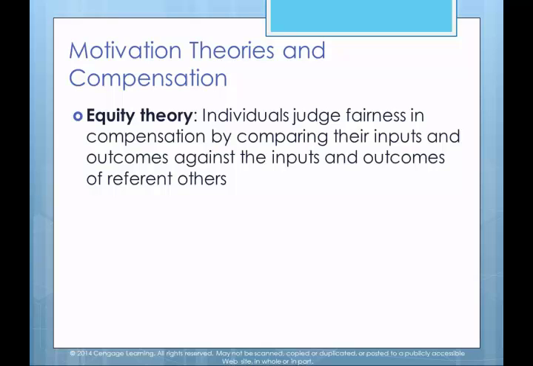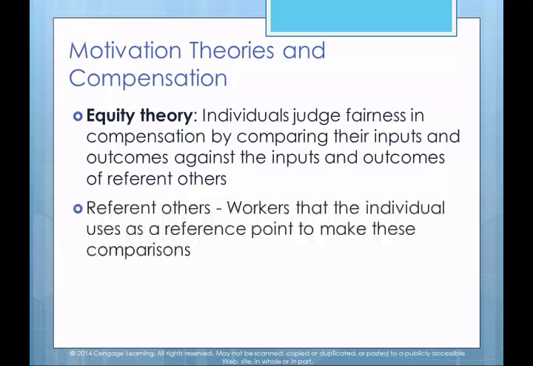The other theory is the equity theory. Individuals judge fairness in compensation by comparing their inputs and outcomes against the inputs and outcomes of relevant others. And I'm sure many of you out there have employees that compare themselves to others, relevant others, or workers that the individual uses as a reference point to make these comparisons. So you'll have somebody say, well, Susie Q over there doesn't work as hard as I am, and she's making more money than I do.